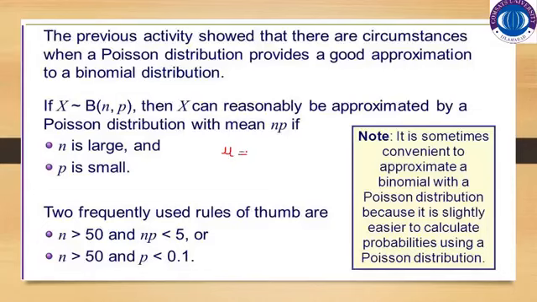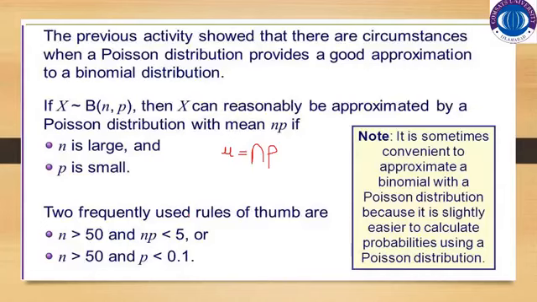Mu is equal to n into p, where n is large and p is small. It is sometimes convenient to approximate a binomial distribution with a Poisson distribution because it is slightly easier to calculate probabilities using a Poisson distribution.